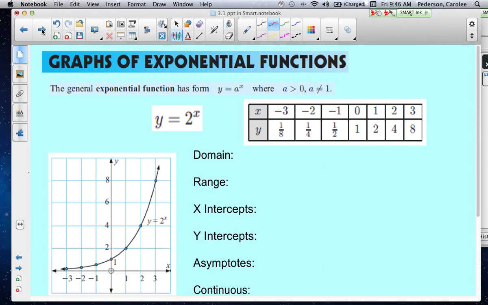So if I substitute 0 in for x, 2 raised to the 0 power is, anything raised to the 0 power is 1. This is our critical point right here, 0, 1.